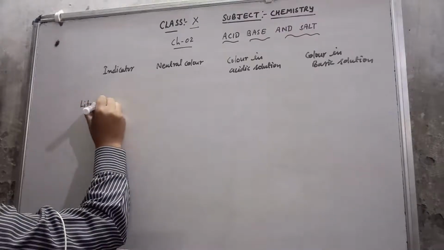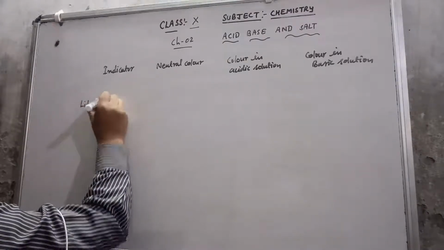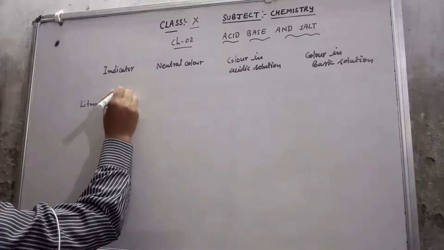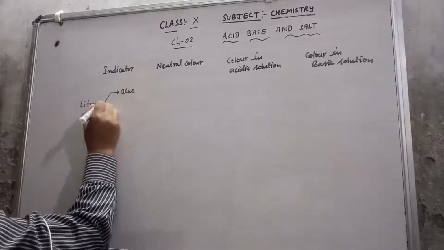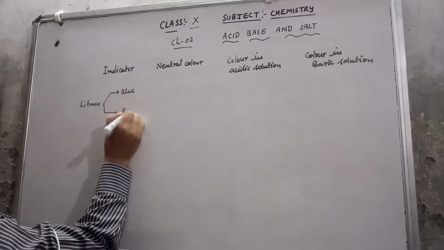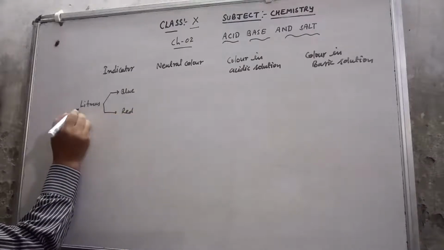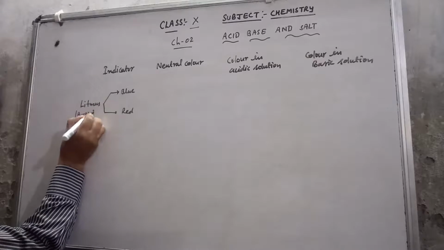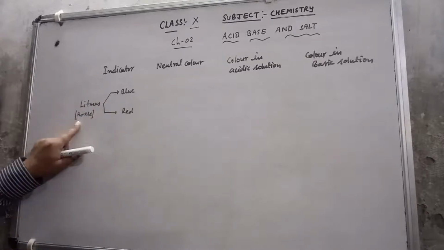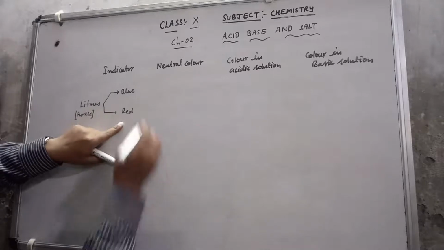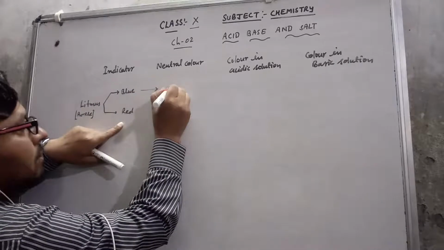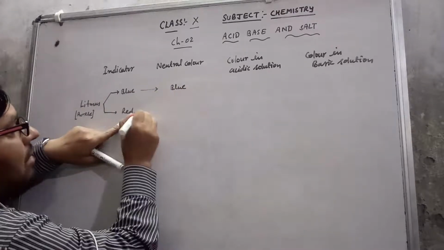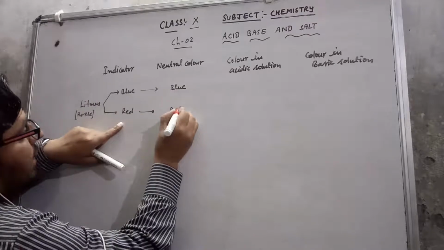Now first of all I am taking litmus. There are two litmus, one is blue litmus, one is red litmus. Actually the litmus is purple in color, but when I talk about the special color of litmus, that is blue and red. So the neutral color of blue litmus is blue, and of red litmus is red.